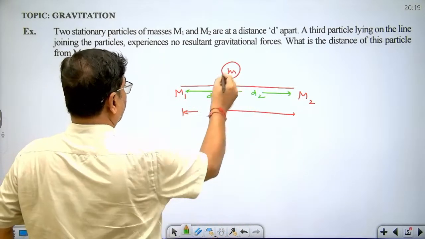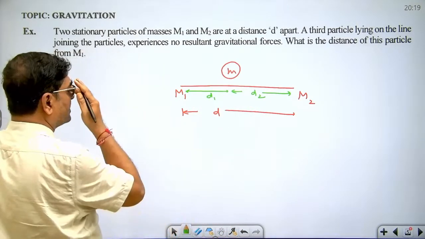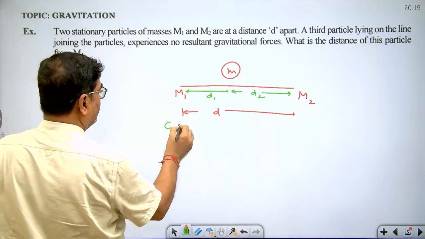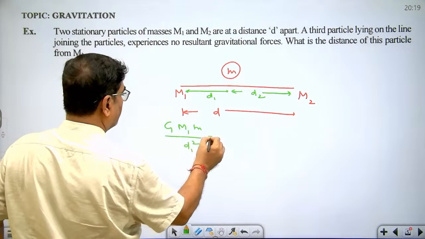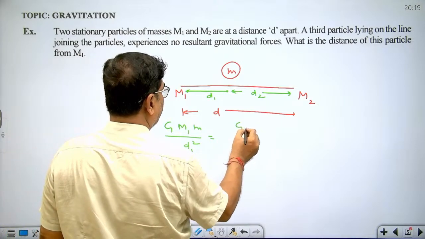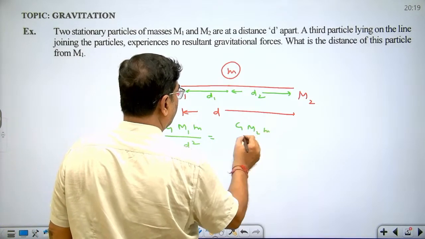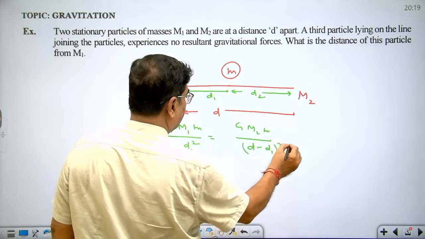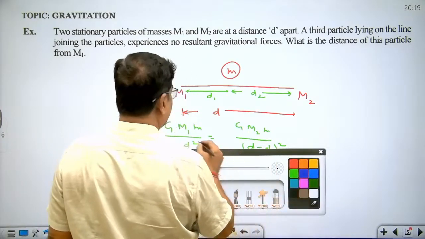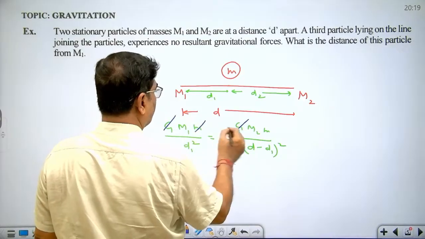If the force is 0, if the small m is in equilibrium, then G m1 m upon d1 square is equal to G m2 m upon d minus d1 whole square. Let's cancel capital G and small m.